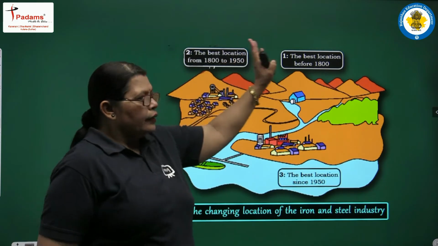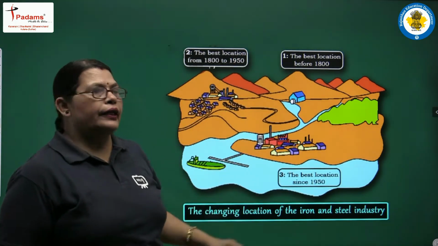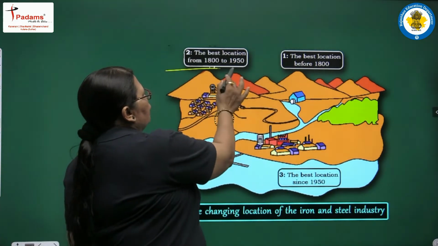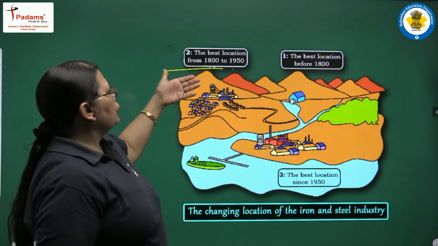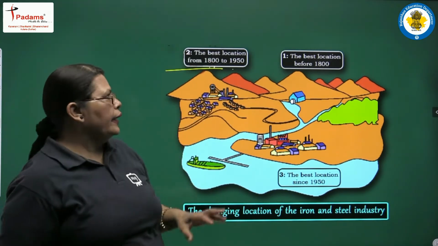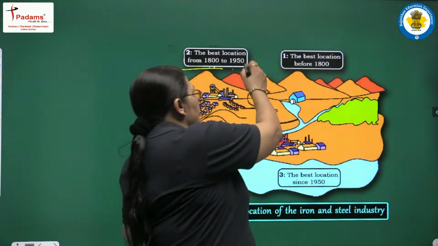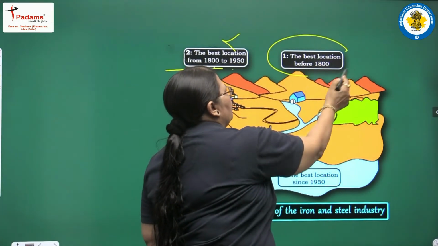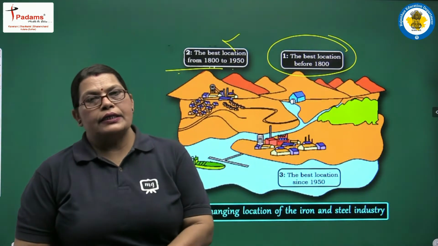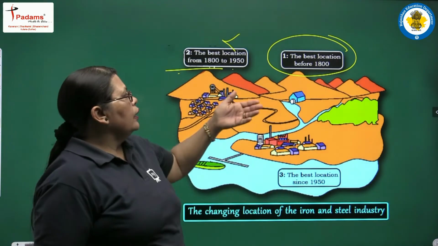See here the situations in different years or eras. See, the first one is the best location from 1800 to 1950. Here is the second point. When we are talking about before 1800, just before 1800 AD we are discussing here.